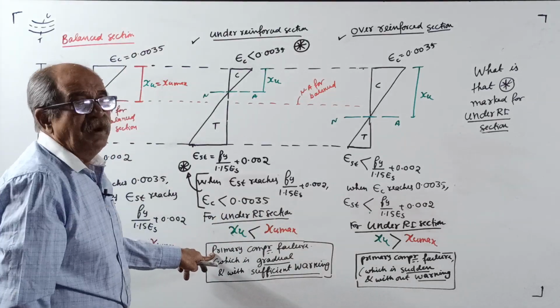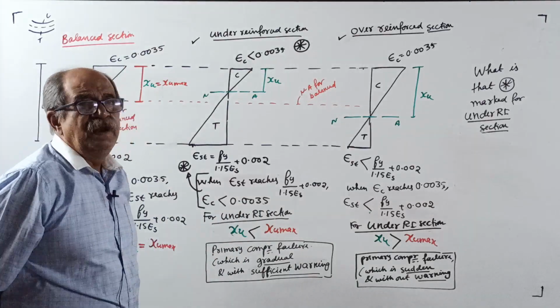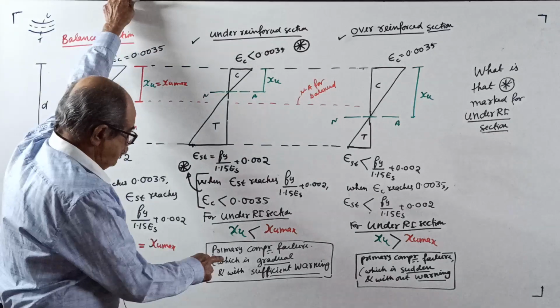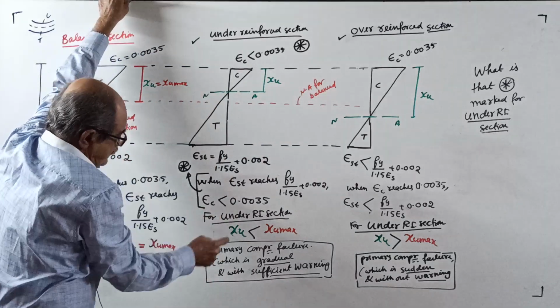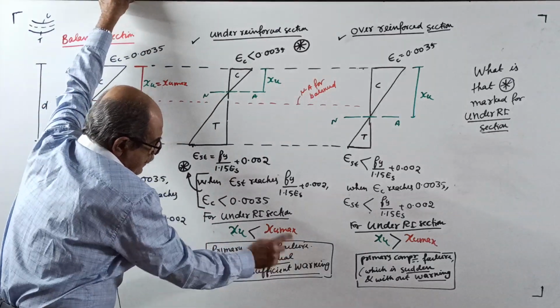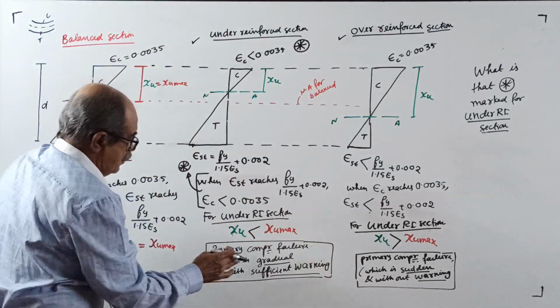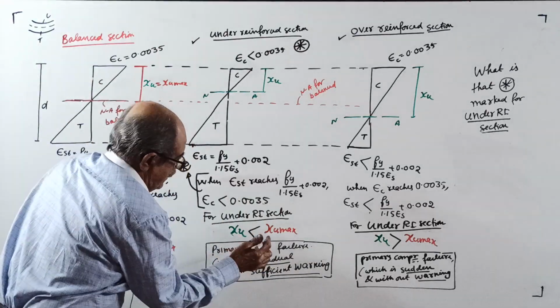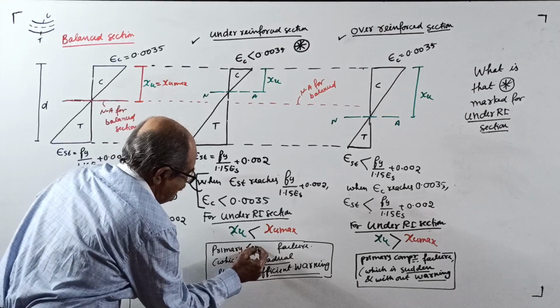Now, remember, you should write here: under reinforced section is having primary tension failure.